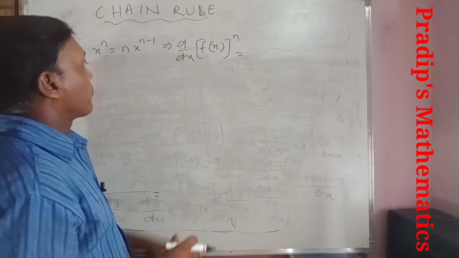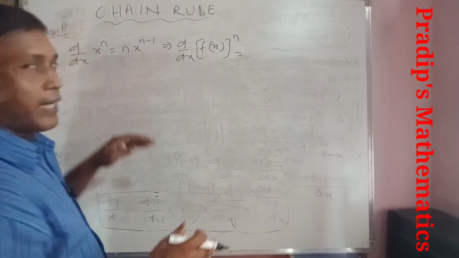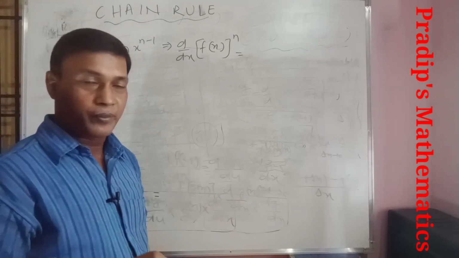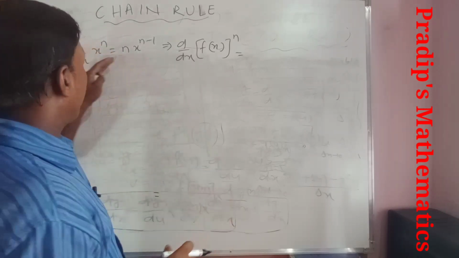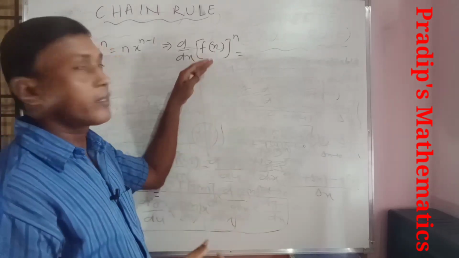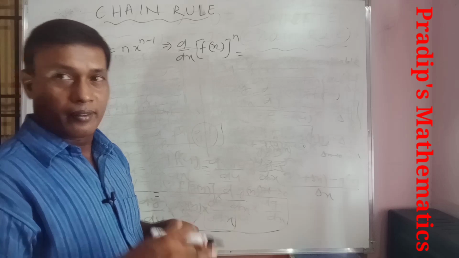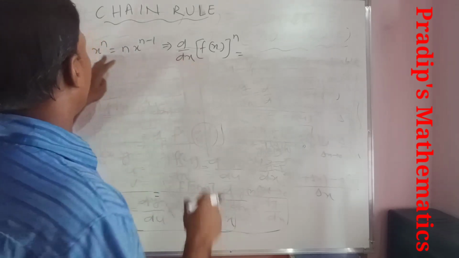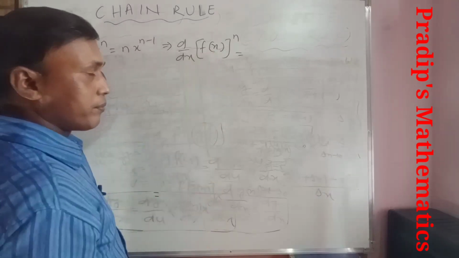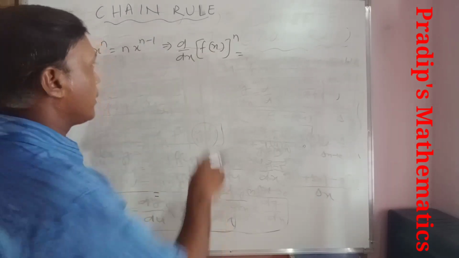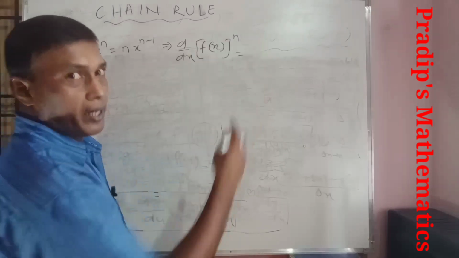What happens is, if there is x, the independent variable, then there is no necessity of applying chain rule. But where x is not there and x is replaced by another function, then you can apply chain rule. Here, x to the power n derivative is n into x to the power n minus 1, but here x is replaced by f of x to the power n.